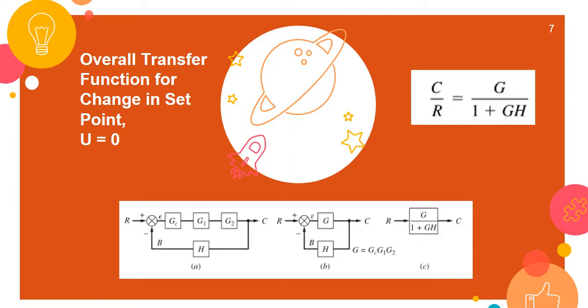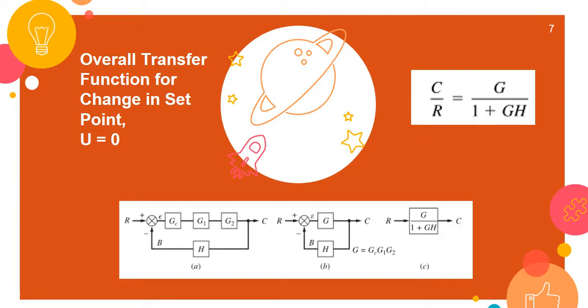So for the overall transfer function for a change in set point, meaning in this case the disturbances are equal to 0, it is the set point that is going to change. The corresponding transfer function that we're looking into is this one. Your controlled variable being related to changes in the set point is now reflected in this particular transfer function.